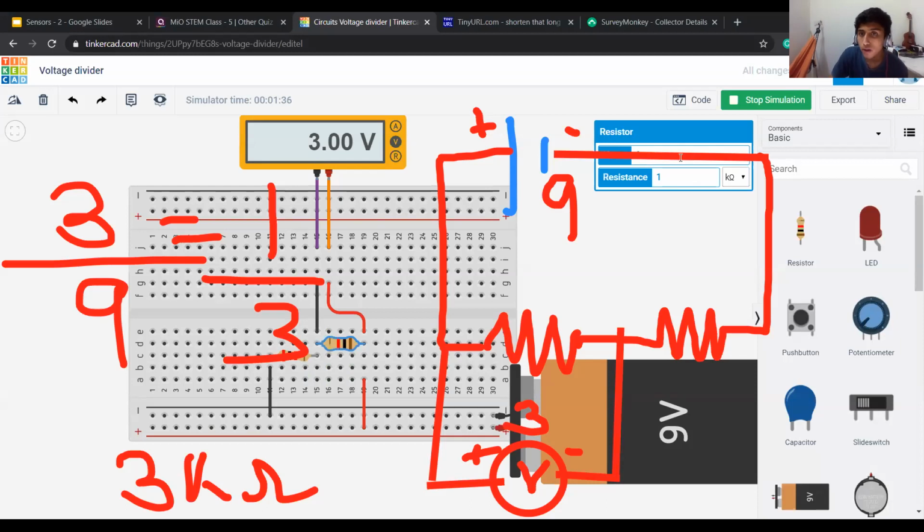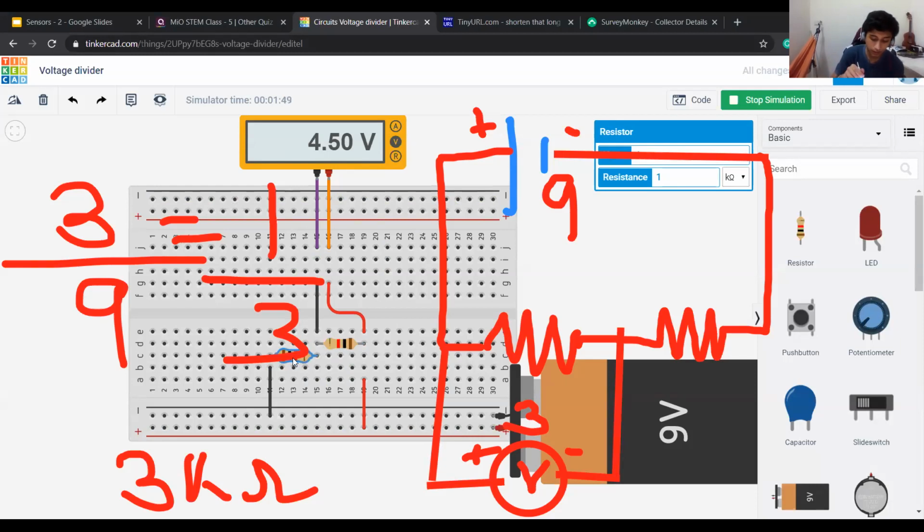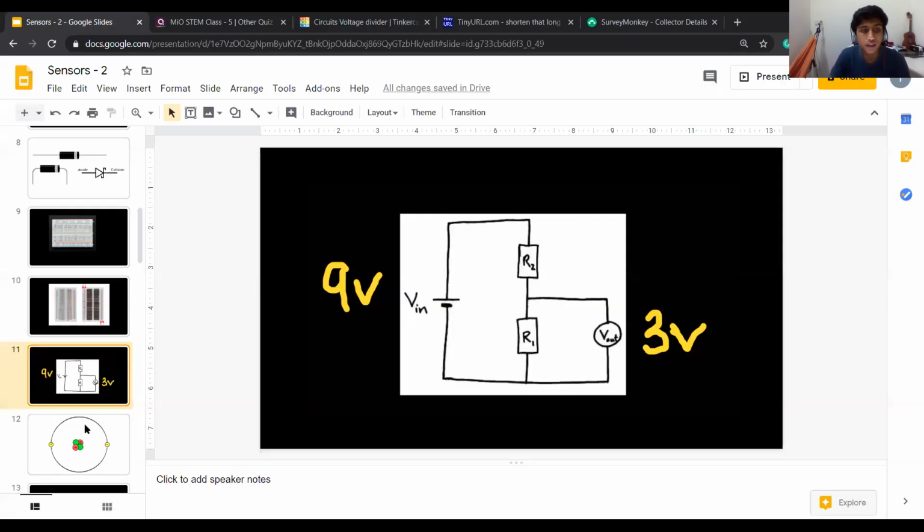So one of them will be 1 ohm and the other one is also 1 ohm. And see, that changes immediately. So that makes sense, guys. And I clear the circuit. So this is basically a voltage dividing circuit. Now, I'm not going to do the potentiometer bit because we're going to do the LDR and all now.